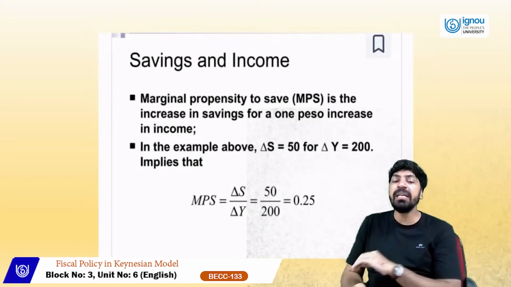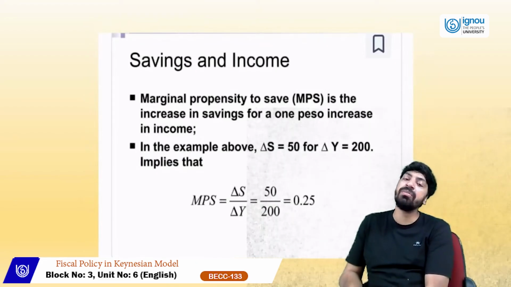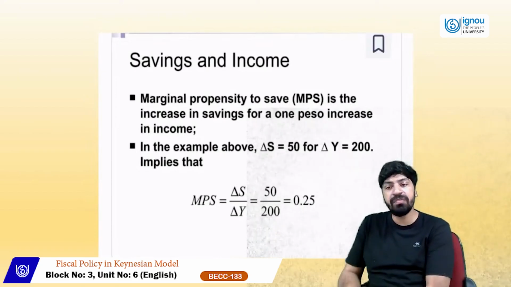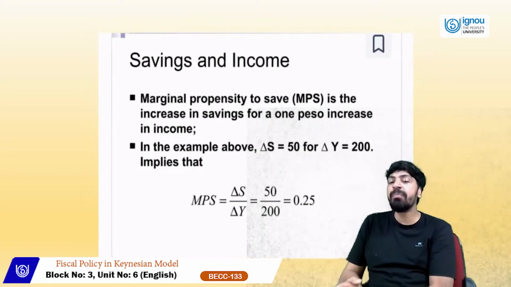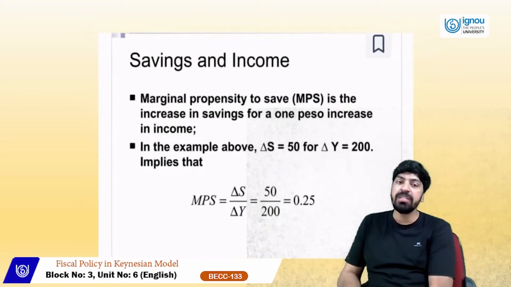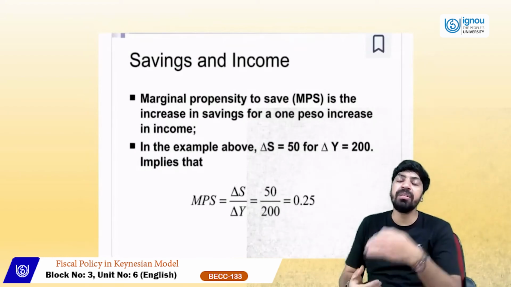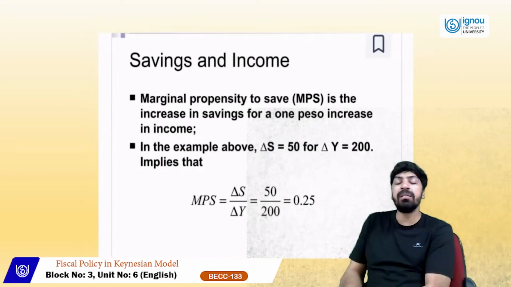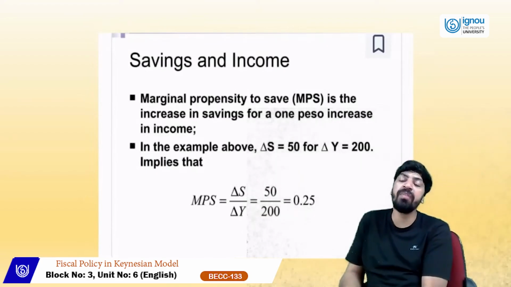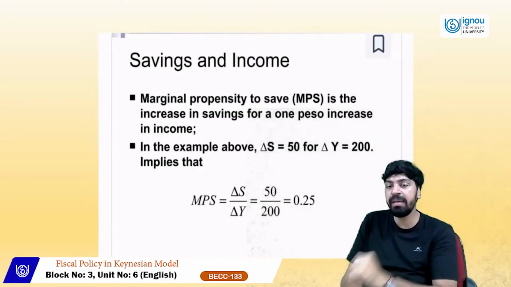If we look at the example above, delta S is equal to 50 and delta Y is equal to 200, so the value of MPS is 0.25. So your MPS is 0.25. In the earlier table also, the MPS is 0.25 at all the income levels.